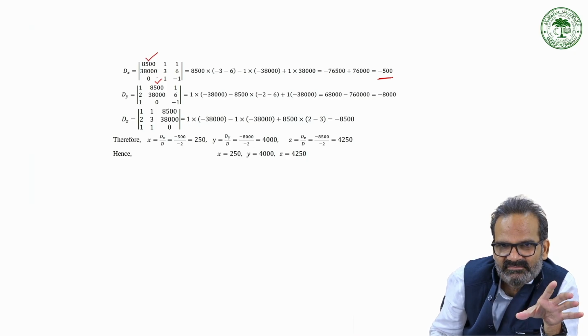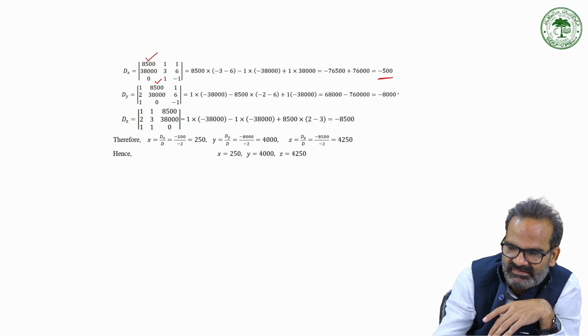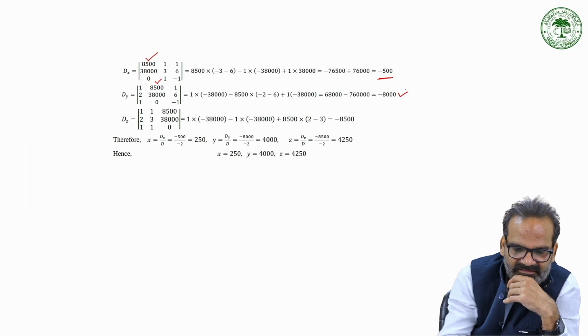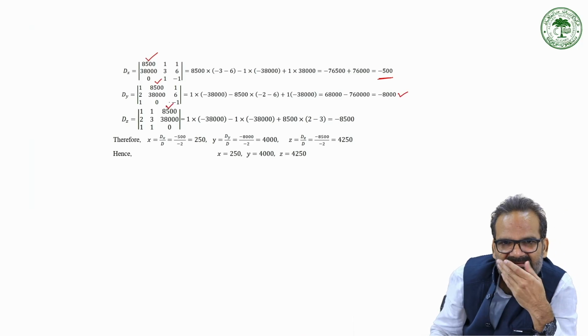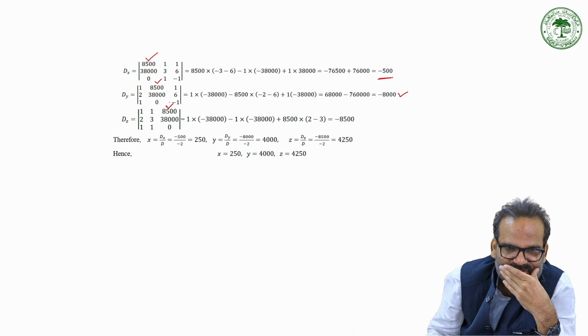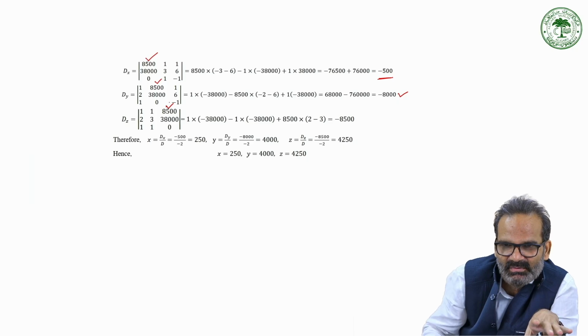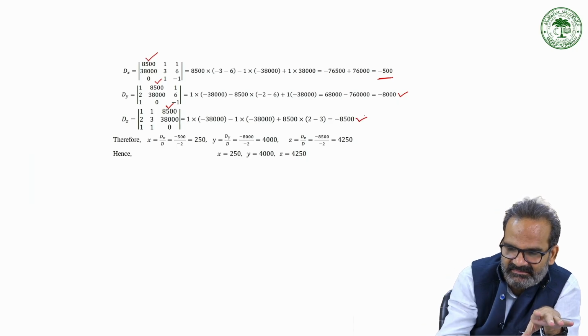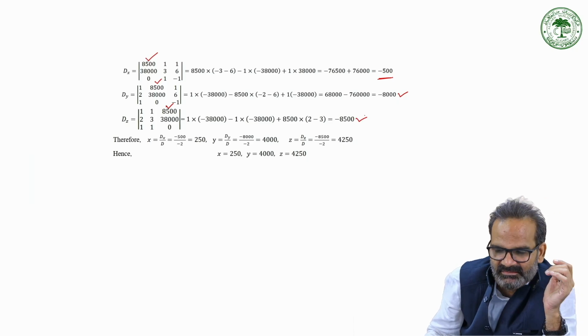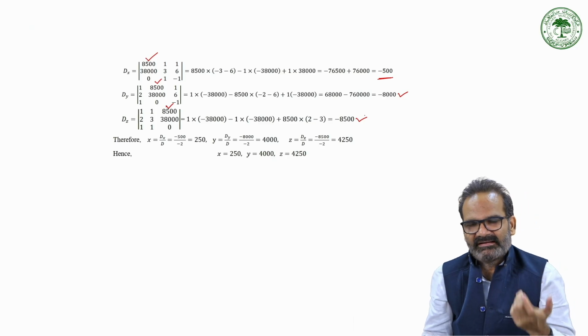For dy, the second column will be replaced by the matrix B. The remaining columns remain as they are. Simplify it, you will get minus 8000. And finally, in dz, the third column is replaced by matrix B, that is 8500, 38000 and 0, and simplifying it, you get 8500. Now therefore, we can calculate the values.